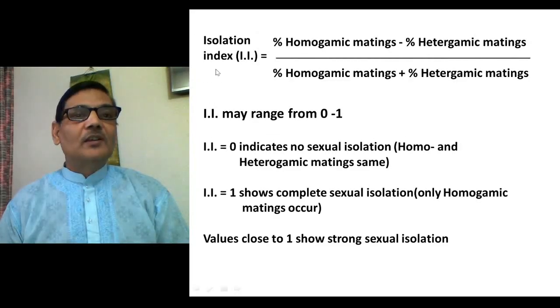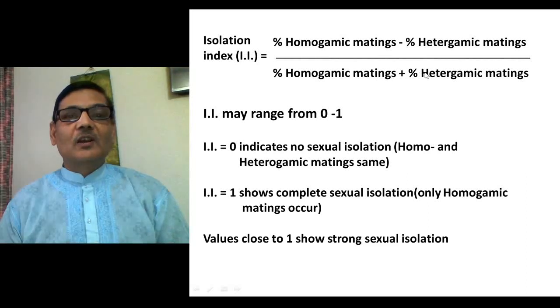The isolation index can be calculated using this formula: percent homogamic matings minus percent heterogamic matings, divided by percent homogamic matings plus percent heterogamic matings. So you know that 90% homogamic matings is there. So 90 minus 10, and here it will be 90 plus 10. Only those values will have to be put here.